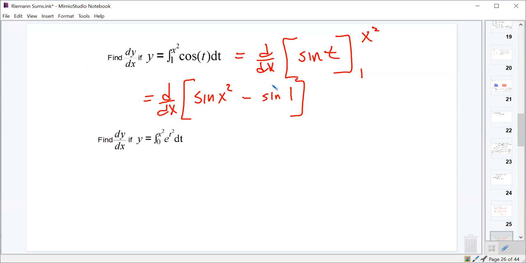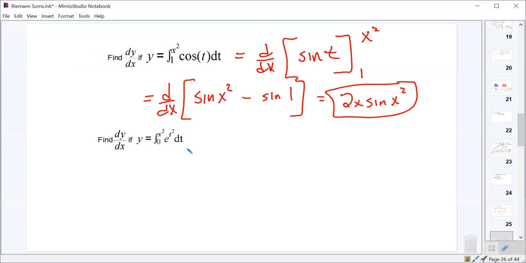And the sine of 1 is just what? Sine of 1 is just a constant, right? So when I take the derivative of a constant, it becomes 0. The derivative of sine of x squared is just 2x cosine of x squared. So in this case, because we had another function up there, we have to use the chain rule when we do the differentiation part.